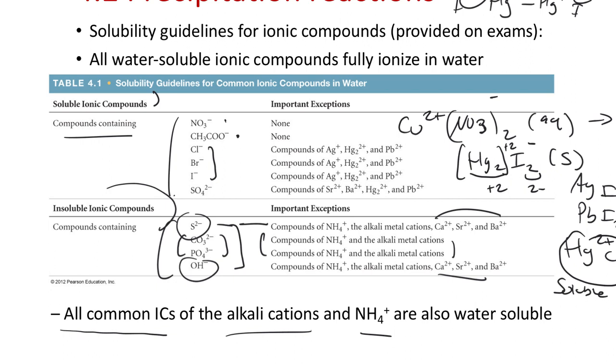But anything else with these ions is water insoluble. Okay, so the exceptions here are soluble, because these compounds are generally insoluble, and in the top half of our chart, which has soluble compounds, the exceptions are insoluble. We just have to keep the top and bottom halves of the chart clear in our minds on how we use the chart.